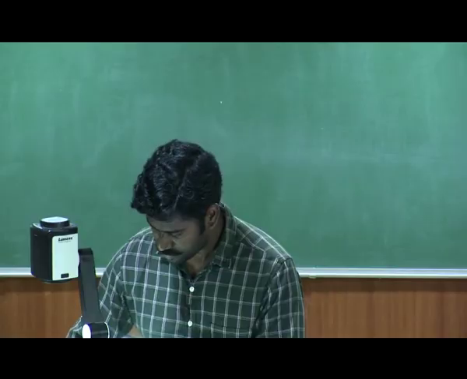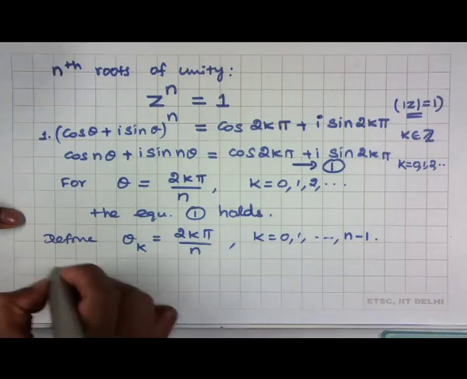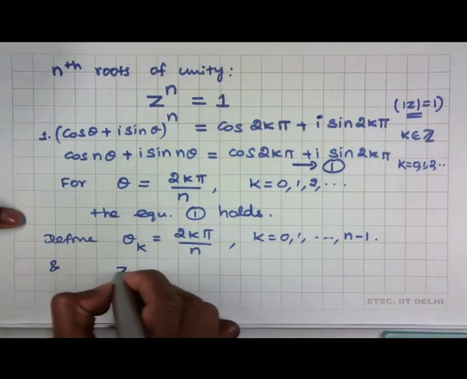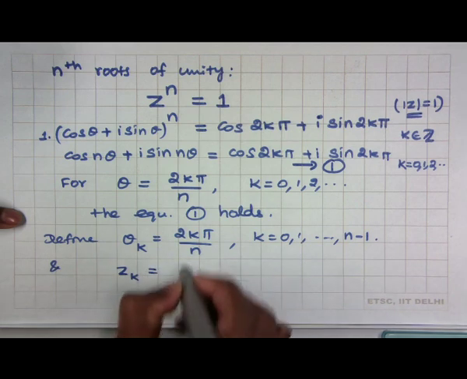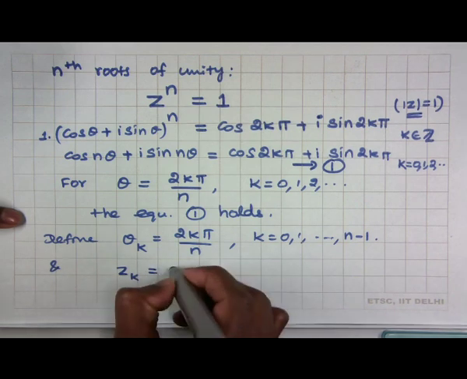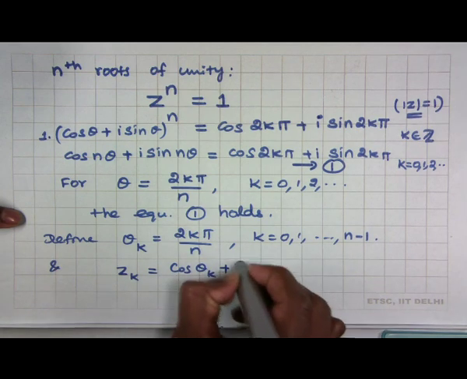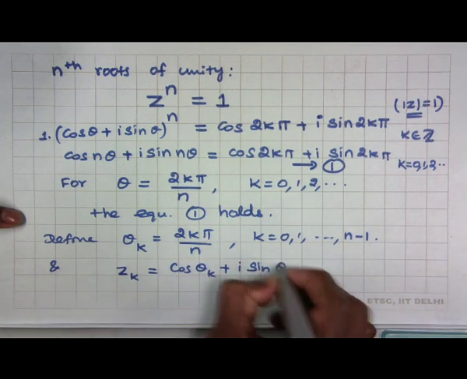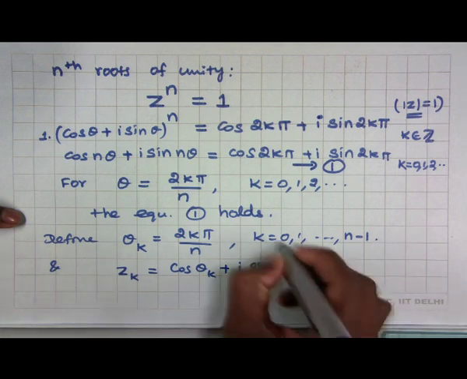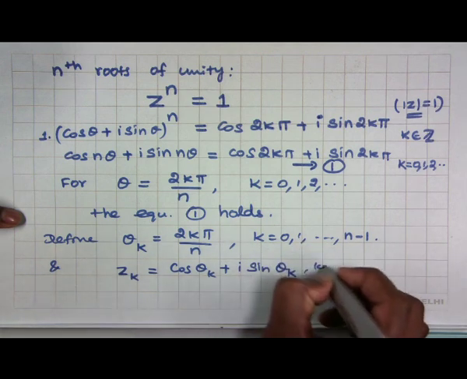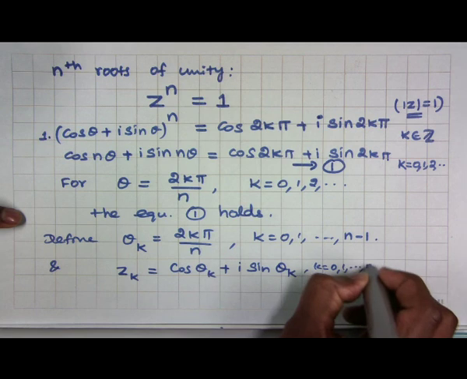Let us define zk, the corresponding complex number, as cos theta k plus i sin theta k, where k is from 0, 1, etc., till n minus 1.